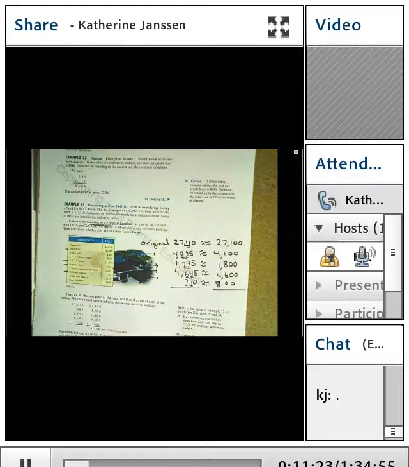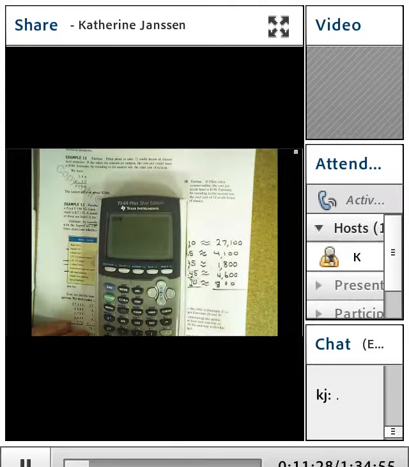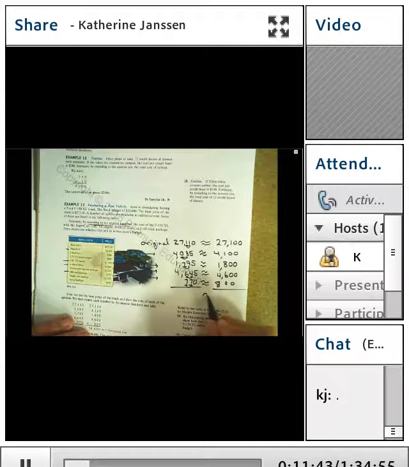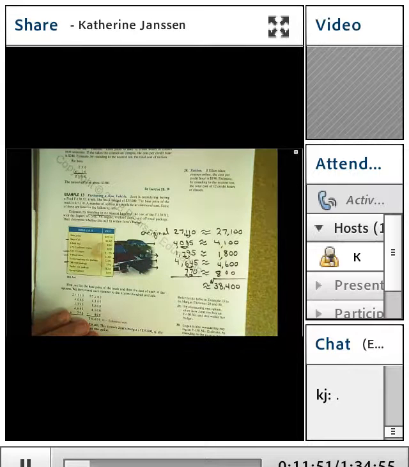And now I can add my rounded values, and I get 38,400. So our estimated value is 38,400, and is that within her budget of 35,000?